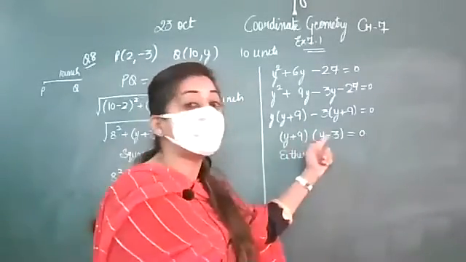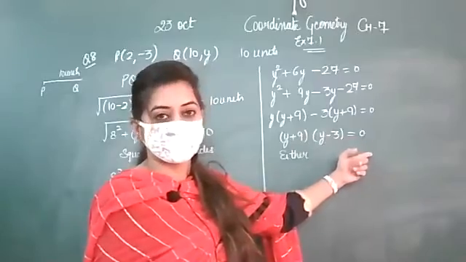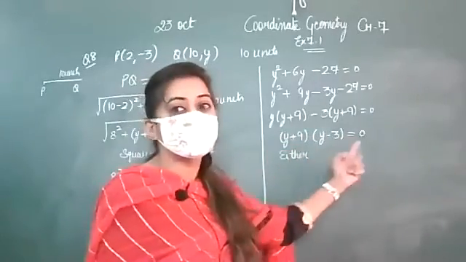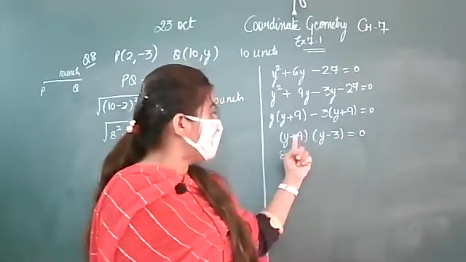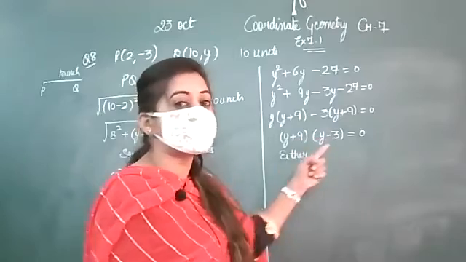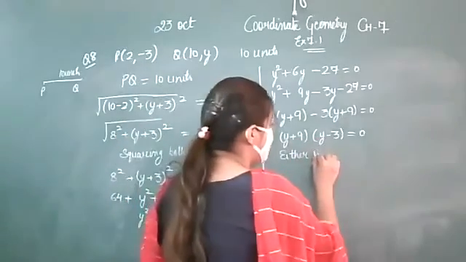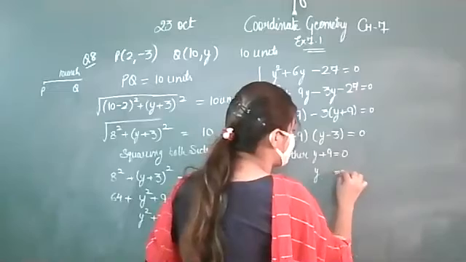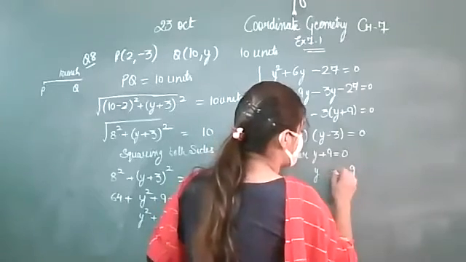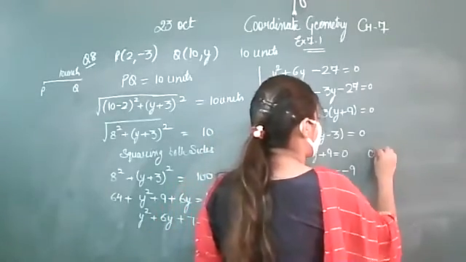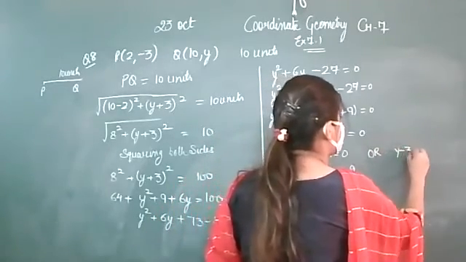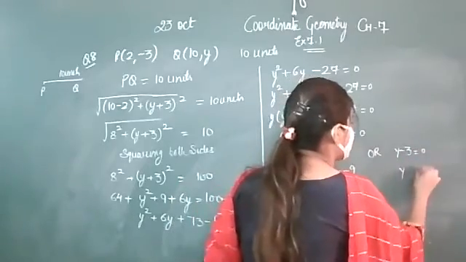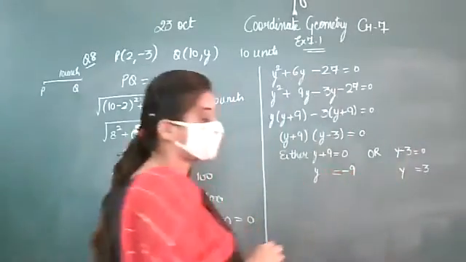That means one of them will be 0. So either y plus 9 equal to 0, this will give you y equal to minus 9. Or y minus 3 equal to 0, this will give you y equal to 3.